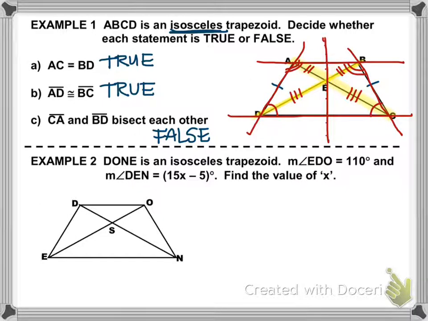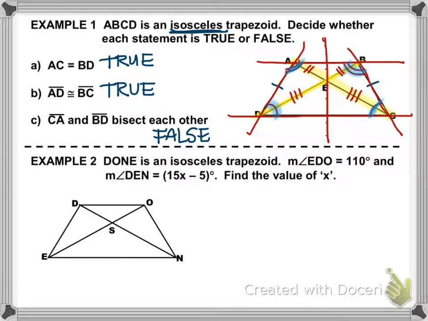So what we can also say is if I take an upper base angle with a lower base angle, like this angle and this angle, those are same side interior, they're going to add up to 180. Same with this base angle and this base angle, they're going to add up to 180.